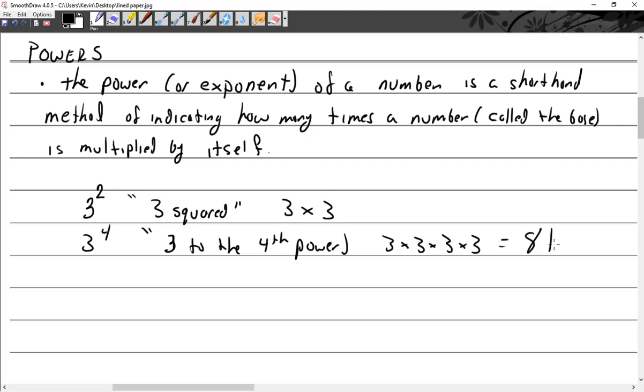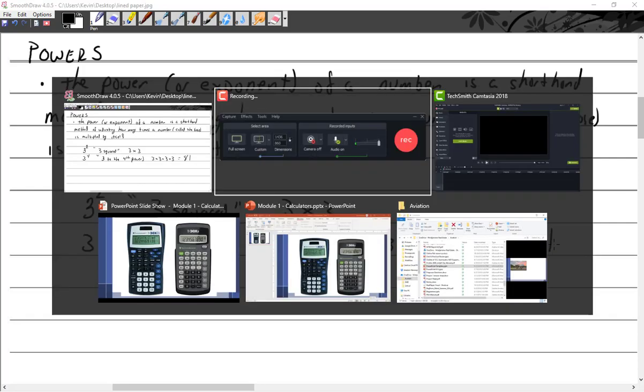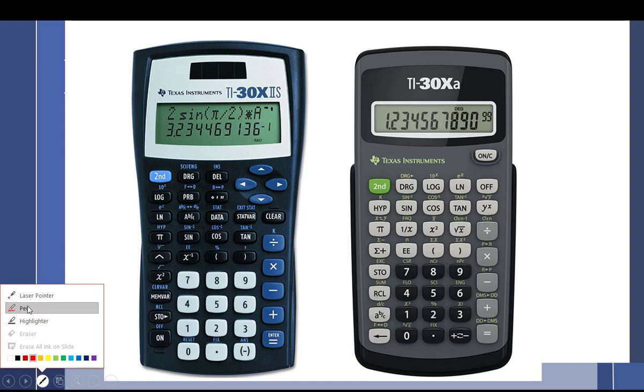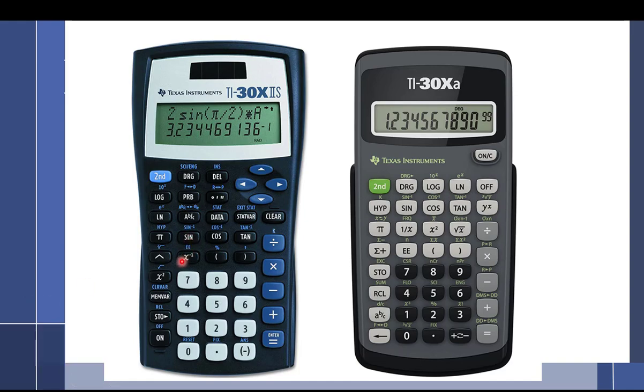Now I don't want to do that longhand unless I absolutely have to, so I want to use my calculator to do that. So here we have our calculators. Got my laser pointer, so Steve can see it back there.